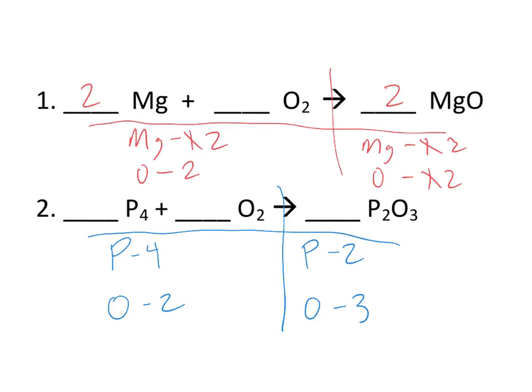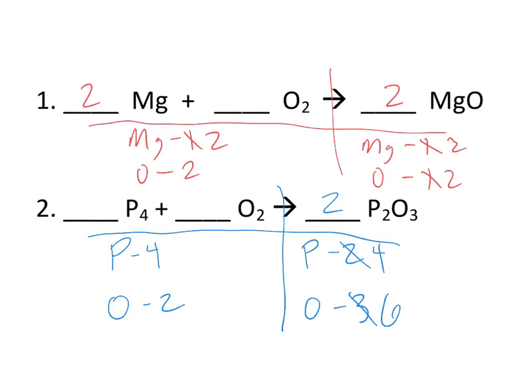Now, when I take a look at this, the phosphorus are unequal. I have 4 on the left side, 2 on the right side, so in order to make them equal, I have to put a 2 in front of P2O3. Now I have 4 phosphorus. When I multiply 2 times 3, I now have 6 oxygens. So my phosphorus are equal, but my oxygen are not equal.